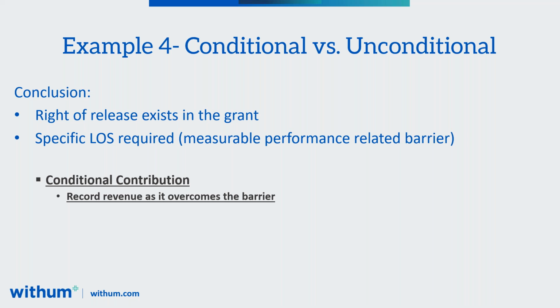So this is definitely a conditional contribution, and we would recognize the $100,000 after we provide training to 2,000 veterans per quarter. You would not recognize the entire $400,000 up front because it's conditional. And being conditional, you only recognize revenue when the condition is substantially met.